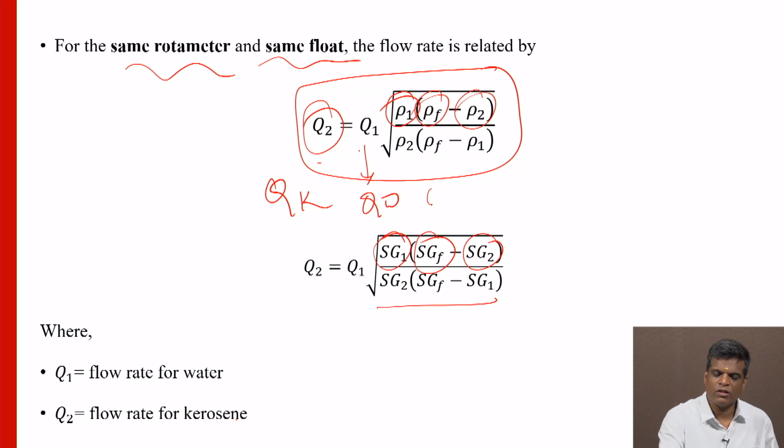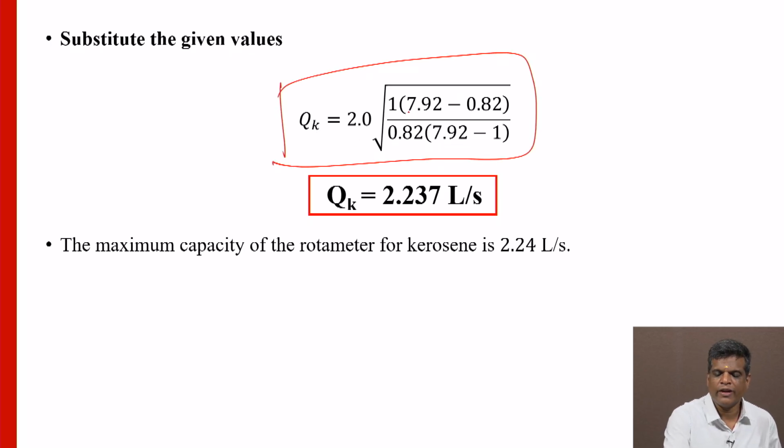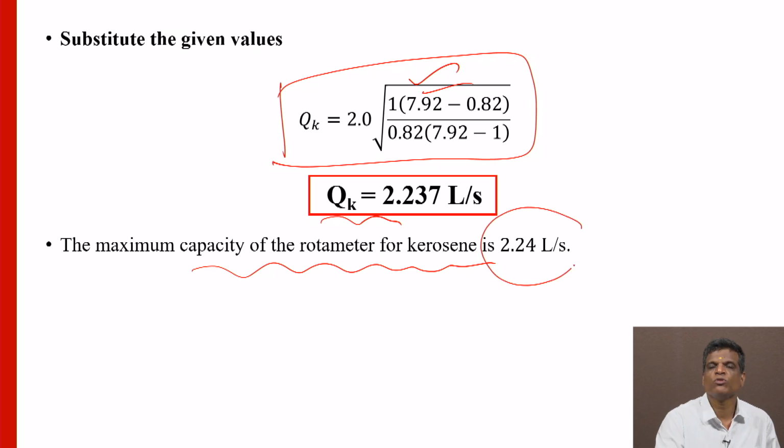We can write it either way, but the problem is already given in terms of specific gravity, so we use this equation. Qk equals 2.0 times the given values, and finally we get the maximum capacity of the rotameter for kerosene: 2.24 liters per second.